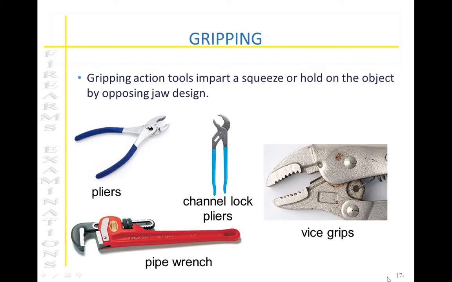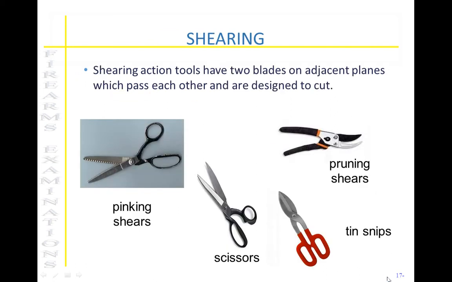And also there are gripping tools. These are going to impart a squeeze or hold onto the object by opposing jaw design. The most common of these is going to be your pliers or different pipe wrenches. There are also tools that have a shearing action, with two blades on adjacent planes that pass each other and are designed to cut.